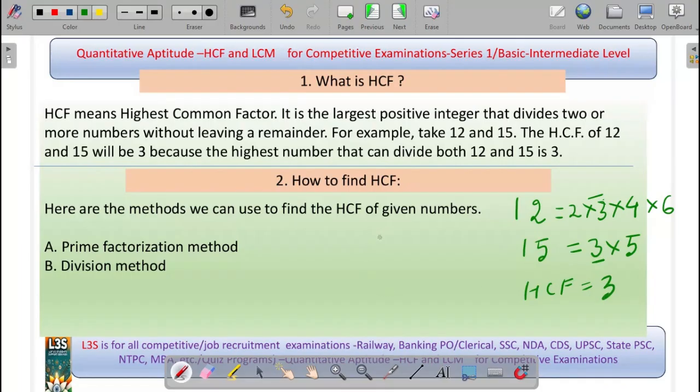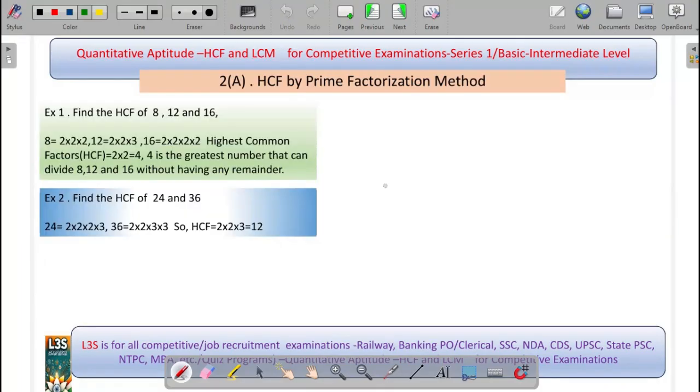So here are the methods we can use to find HCF of given numbers: prime factorization method and division method. HCF by prime factorization method. In prime factorization method, we have to individually find out the factors. Now here we can see 8, 12 and 16.